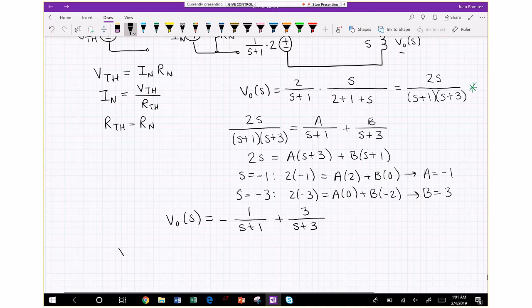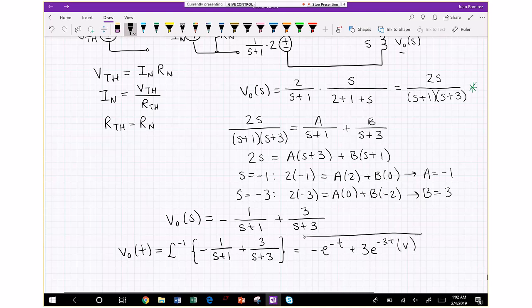And then little v out of t is simply the inverse Laplace transform of that. And then you use your Laplace transform table. And that one's a relatively straightforward one. And that's in volts: negative e to the negative t plus 3 e to the negative 3t.